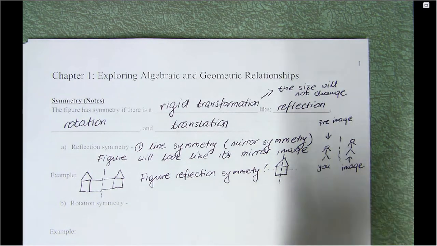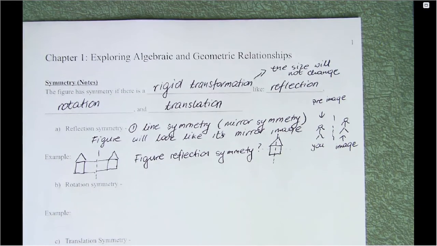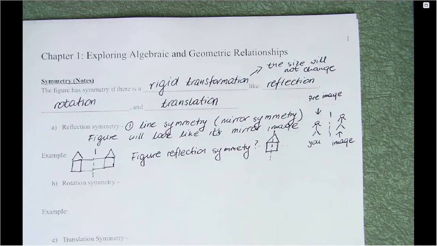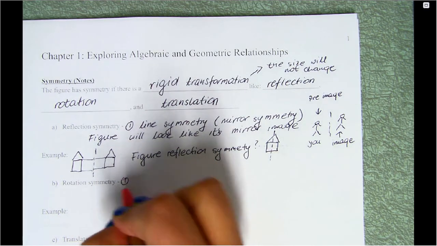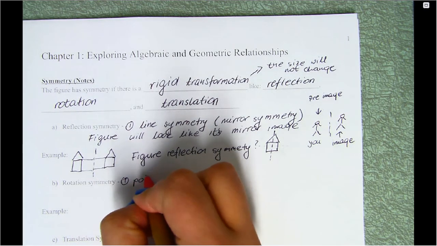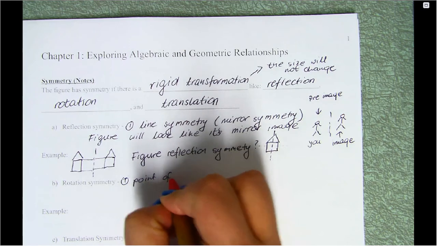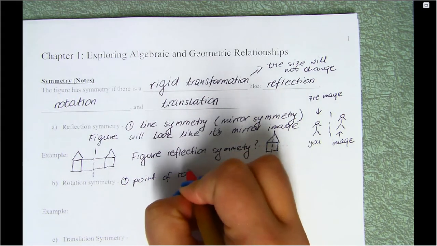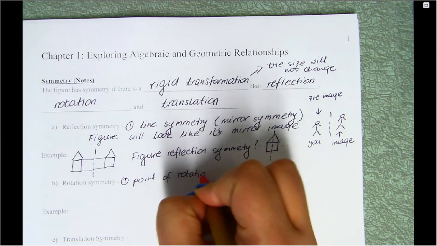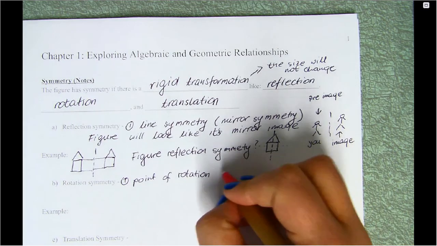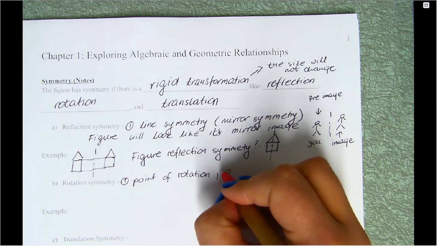Okay, rotation symmetry. Rotation symmetry is probably the most difficult to imagine. So you need three things. You need a point of rotation, which should be given to you. You should know the degree of rotation.